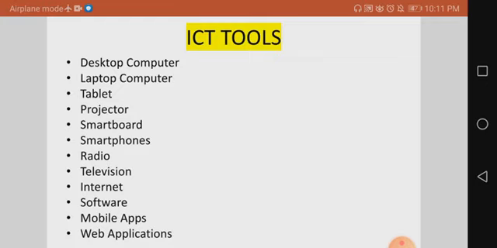We have the internet. As I already said, the internet plays a very vital role in establishing ICT, and we'll discuss a lot on the internet, how it evolved, and what are the uses and services of the internet. Software.